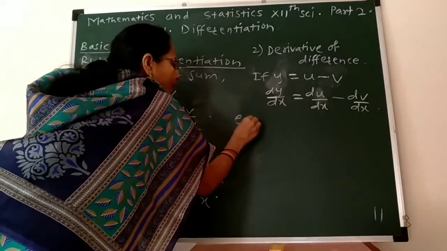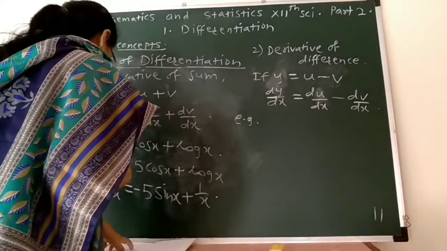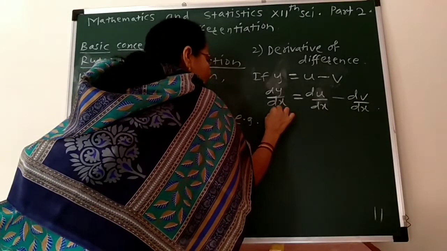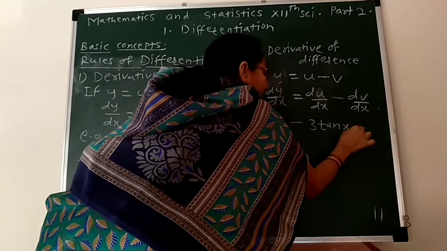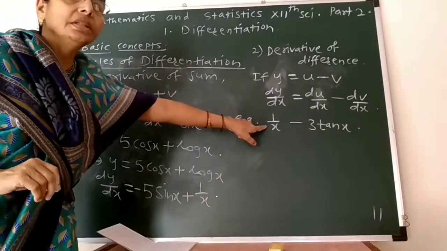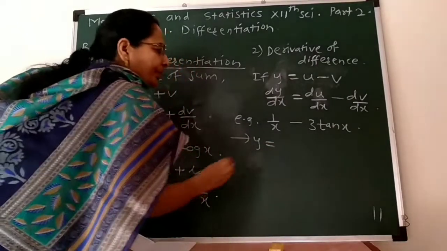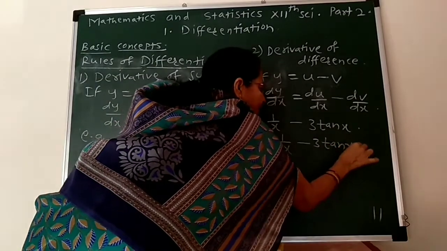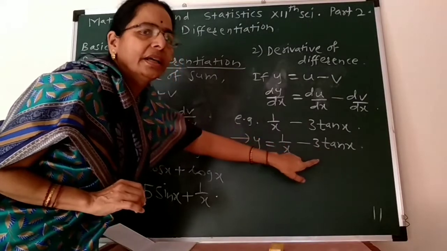Suppose, for example, 1 upon x minus 3 tan x. One function is given and we have to find its derivative. So write this as y is equal to 1 upon x minus 3 tan x, and take respective derivatives and take their difference.